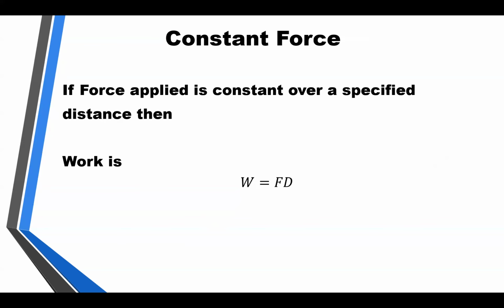So if I'm pushing an object across the table at a steady force, then I multiply the force applied to that object times the distance that that object is moving.